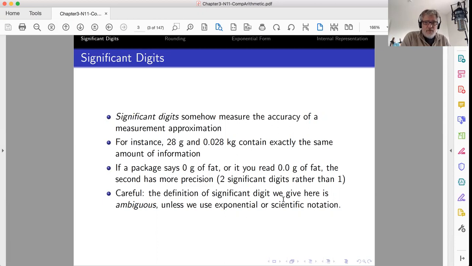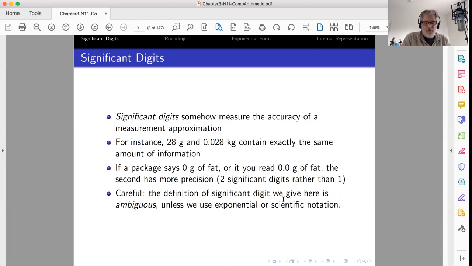Now the definition I'm going to give you, which is from the book, is ambiguous. For certain ways of writing numbers, it's not going to be well defined. That's one of the reasons we use exponential notation, which we will see after.